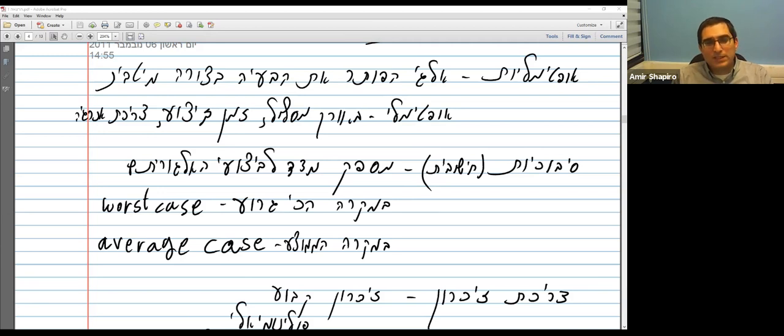It's also common to compare the average case: run the algorithm on many different cases and see how much time it takes to solve the problem on average between all the different cases.